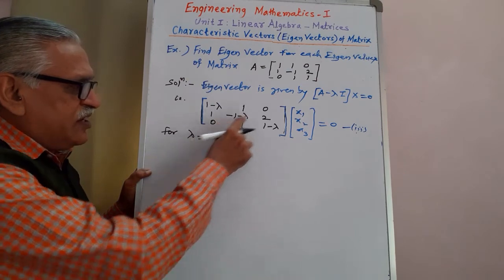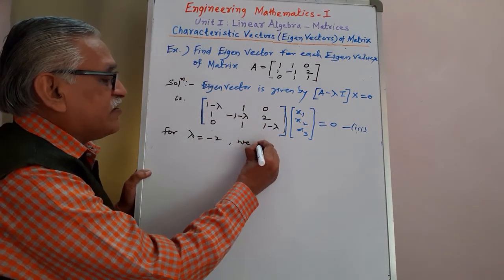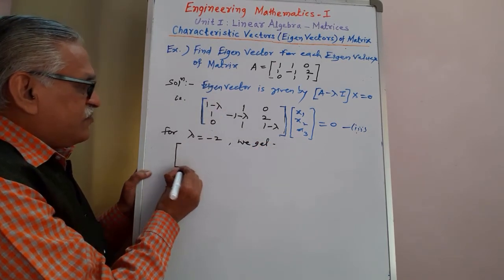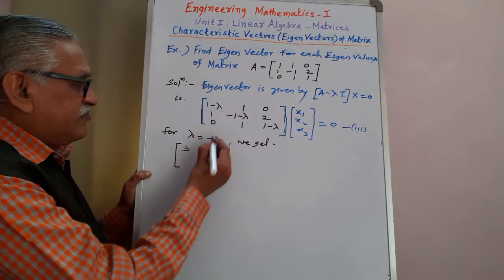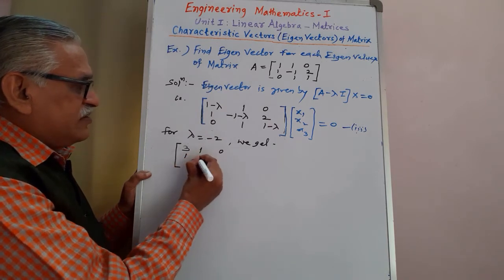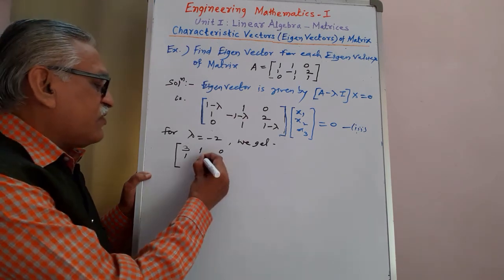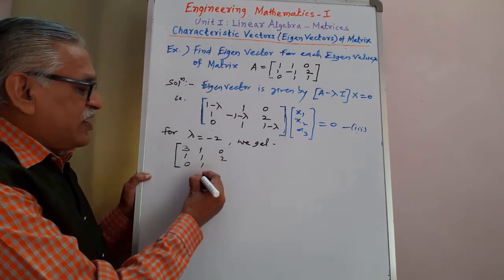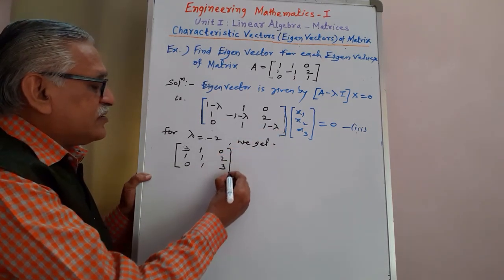Substituting this value in equation 3, we get that matrix as: 1 minus -2, 1 plus 2 we get 3, then 1, then 0; 1, -1 plus 2 we get 1, 2; 0, 1, 1 plus 2 we get 3.